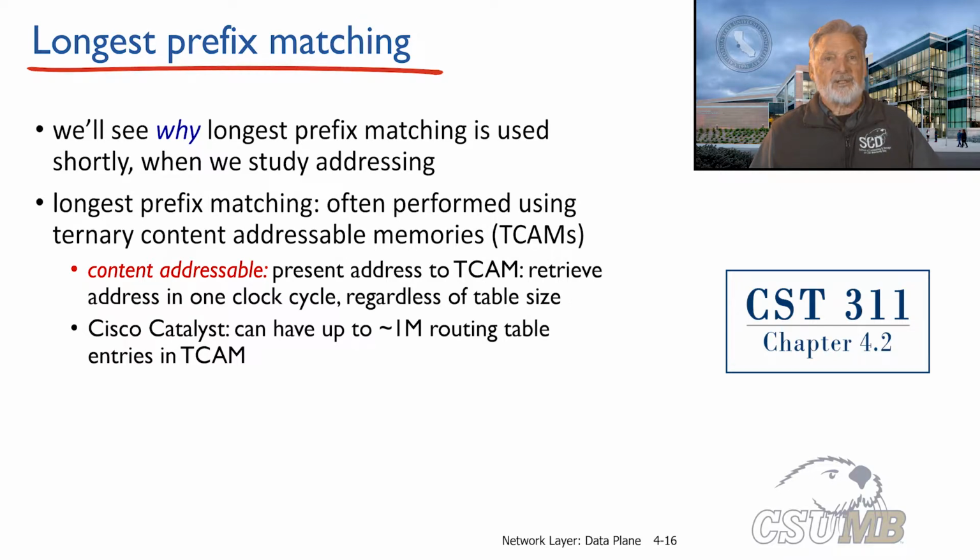CAM is a specialized type of high-speed memory that searches the entire contents in a single clock cycle. Data stored on CAM can be accessed by performing a query for its content itself. Due to its parallel nature, CAM, and by extension TCAM, is much faster than RAM.